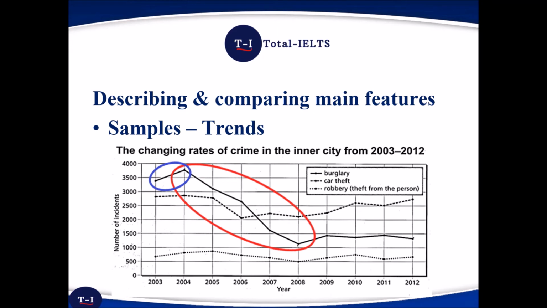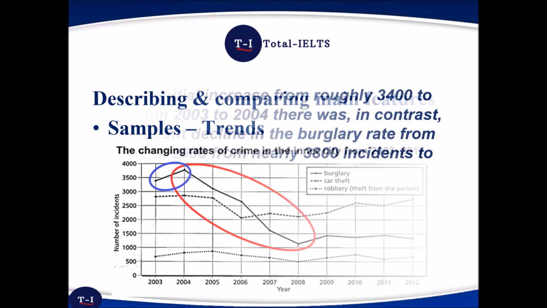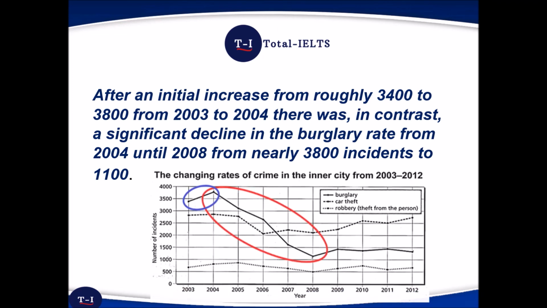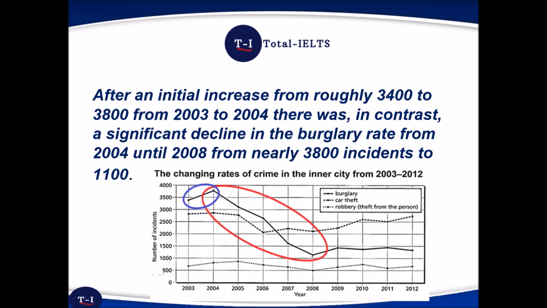Here, circled in blue is the increase, and circled in red is the dramatic decrease. We can say after an initial increase from roughly 3,400 to 3,800 from 2003 to 2004, there was, in contrast, a significant decline in the burglary rate from 2004 until 2008, from nearly 3,800 incidents to 1,100.